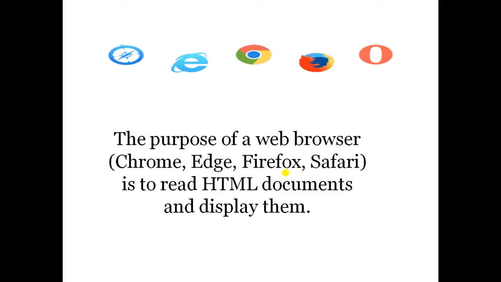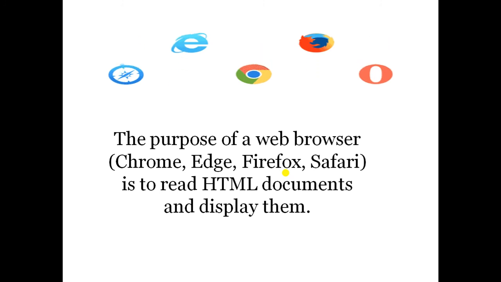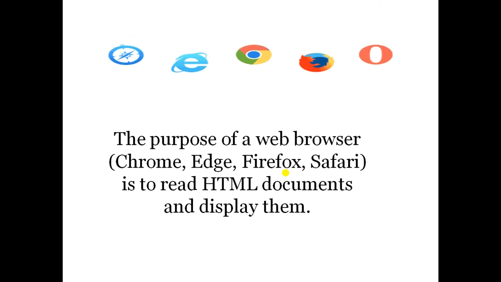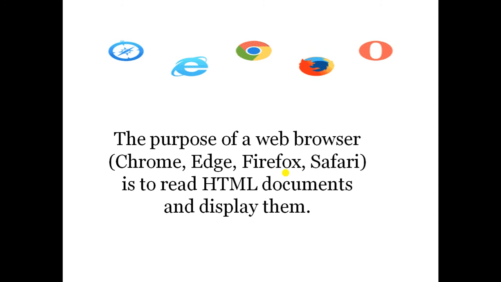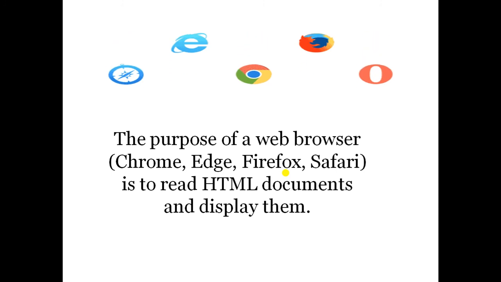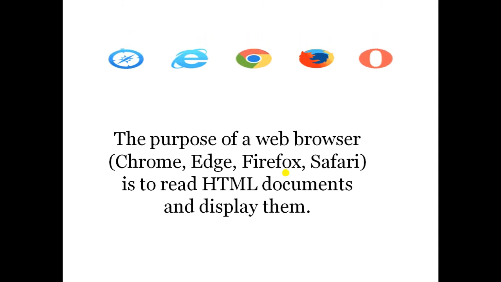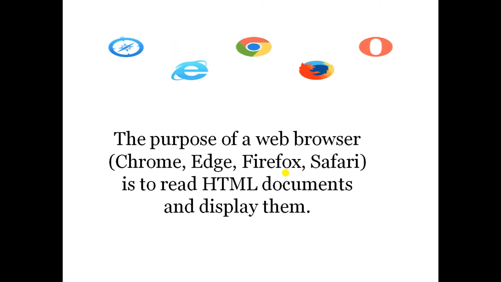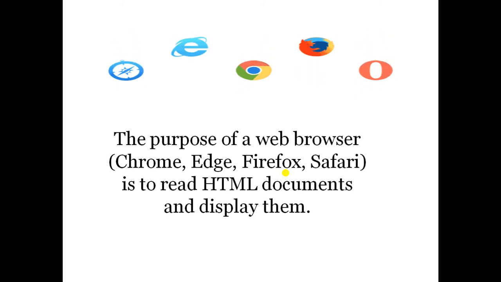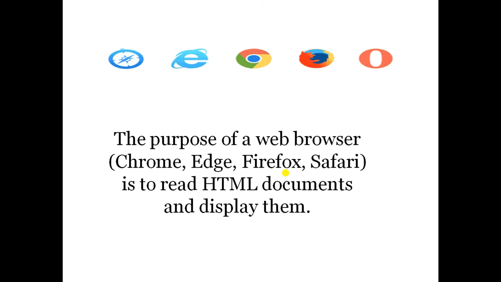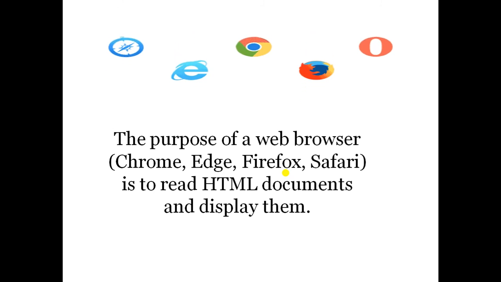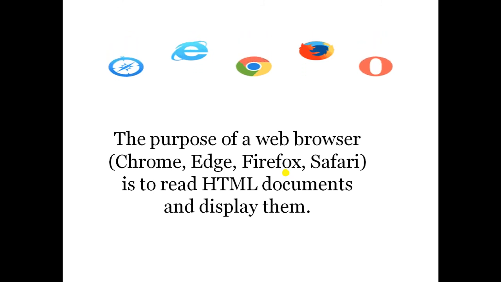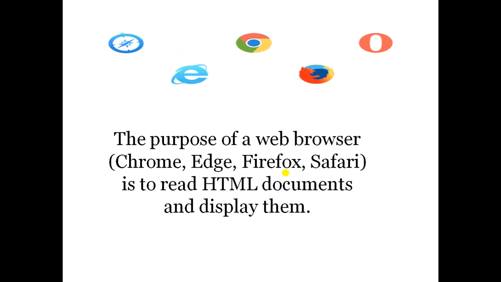So next, what is the purpose of web browser in HTML? The basic purpose of web browser in HTML is that the web browser reads HTML documents and display them. It reads whatever we write and display them in whatever manner we tell them. This is the basic work of a web browser for HTML.